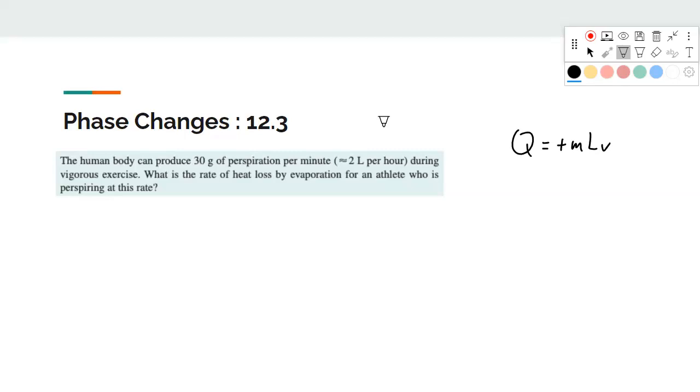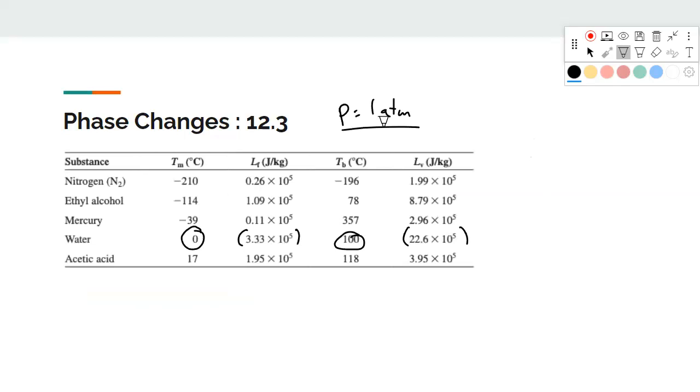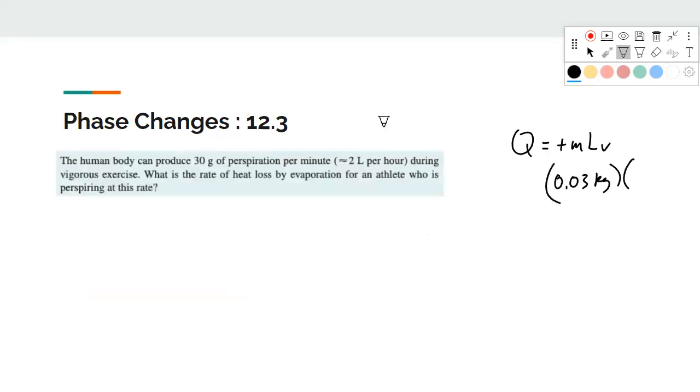They tell us the mass, so 0.03 kilograms. And then the latent heat of vaporization for water, we had back here as 22.6 times 10^5. And so we get an amount of energy, 7.3 times 10^4 joules. So 73,000 joules.